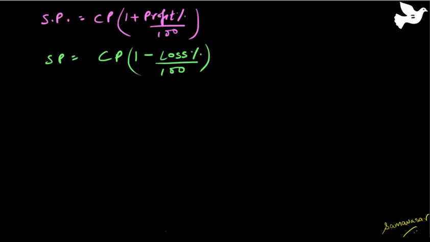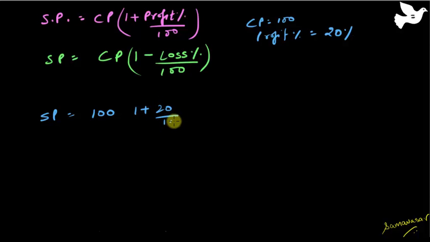So just to take an example, let us say my cost price is equal to rupees 100, and let us say I have a profit percent given as 20%. So in that case, my selling price will be cost price into 1 plus 20 by 100, which is equal to 100 into 1.2, which is 120.